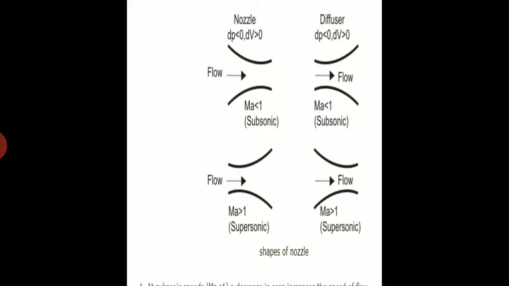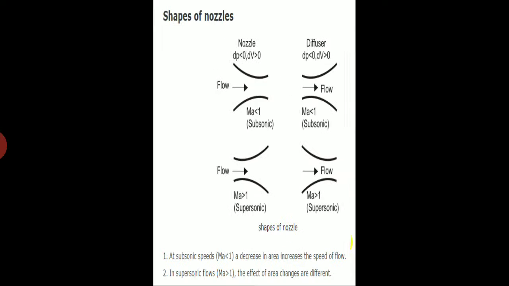So if Mach number is less than 1, it is called subsonic flow. If Mach number is greater than 1, it is called supersonic flow. So this is how the shape of the nozzle can be obtained. At subsonic speeds, a decrease in area increases the speed of the flow.